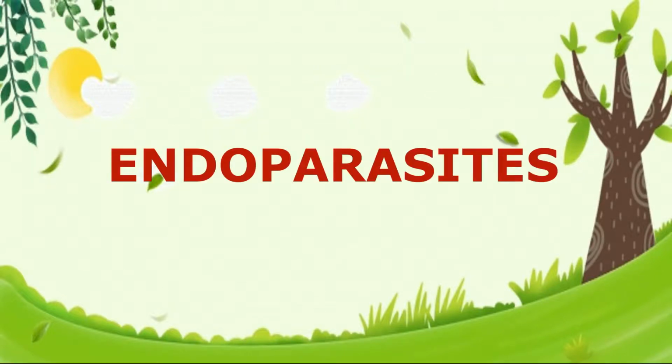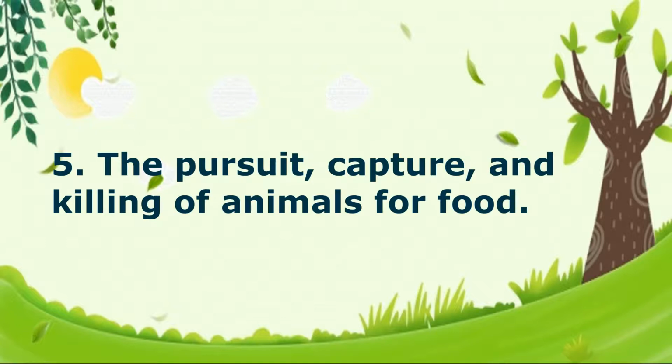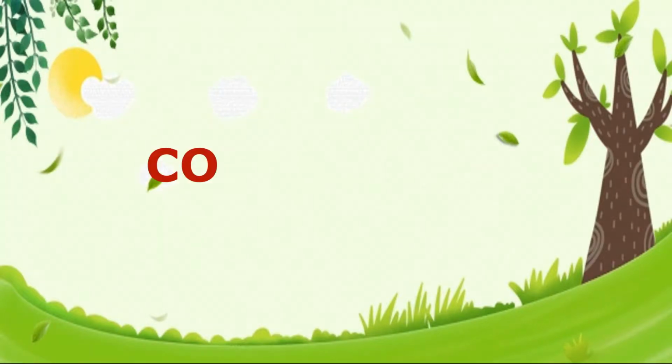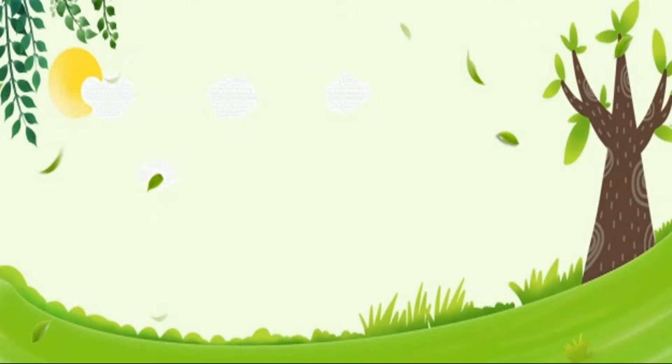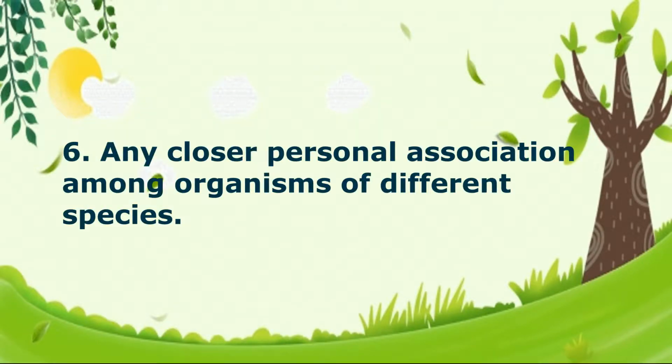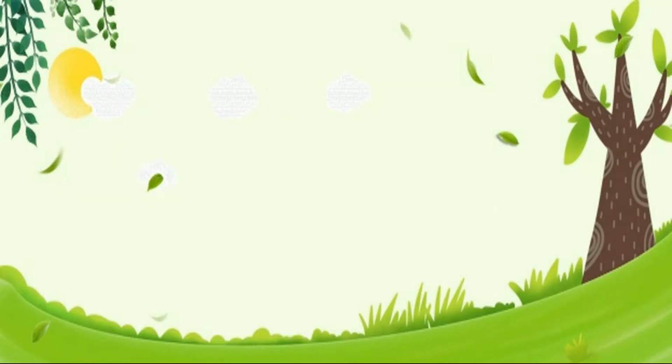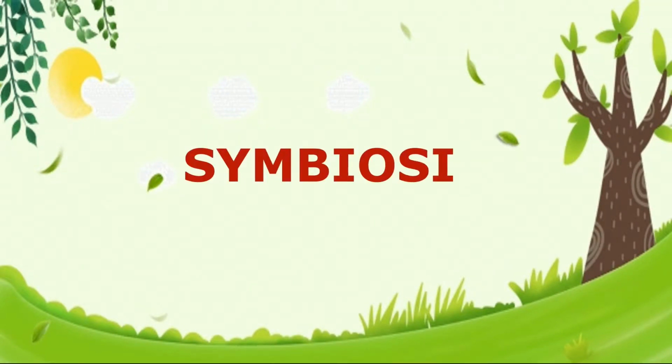Number 4. Parasite that feeds on the internal organs of the host. It is endoparasites. Number 5. The pursuit, capture, and killing of animals for food. Correct. Competition. Number 6. Any close personal association among organisms of different species. What is the answer? Okay, symbiosis.